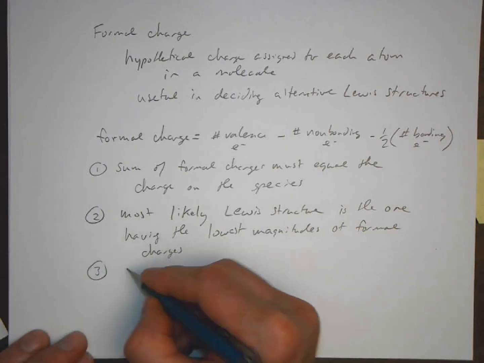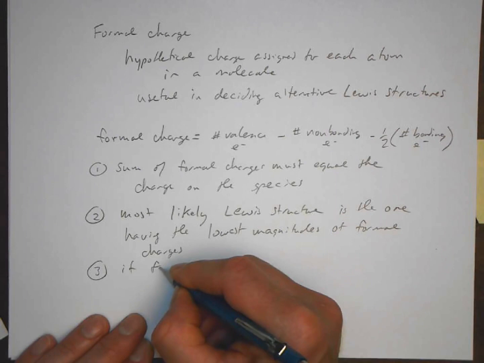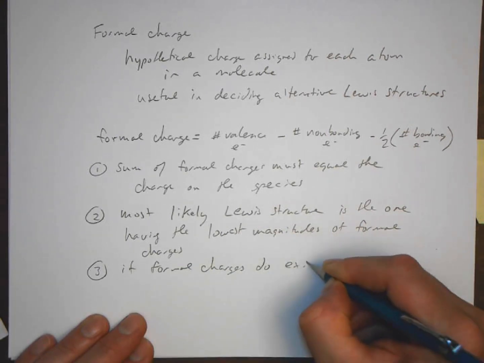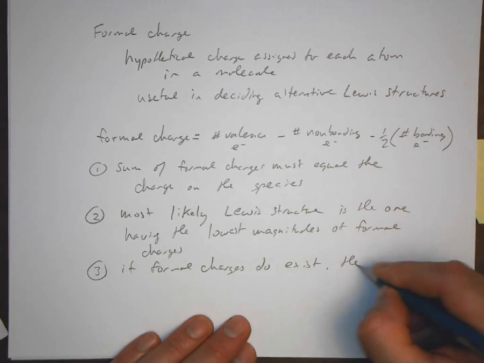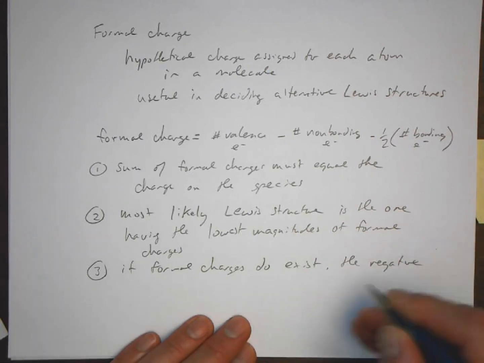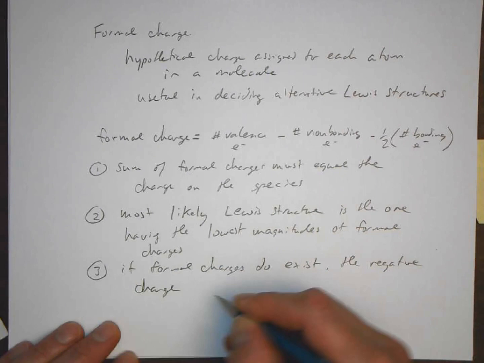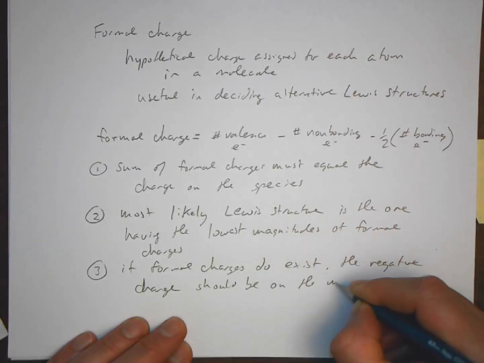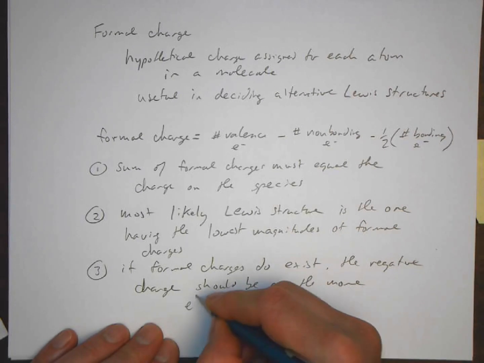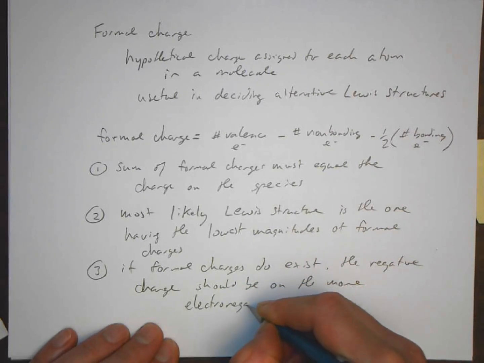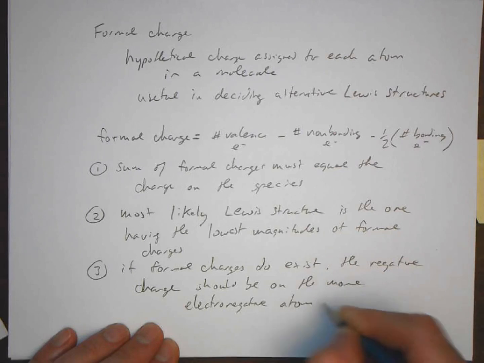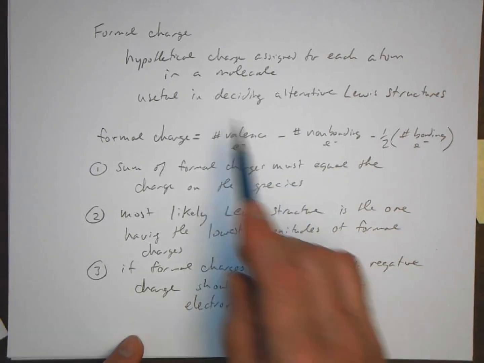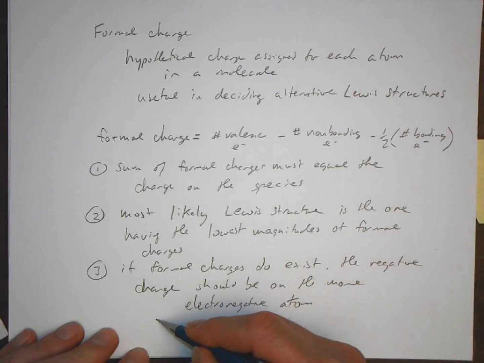And then finally, if formal charges do exist, the negative charge should be on the more electronegative atom. No matter what, if you're using this to decide between different Lewis structures, the octet rule will take precedence.